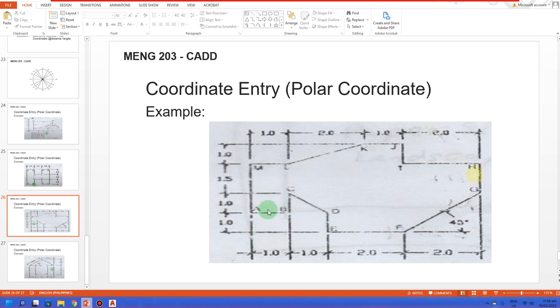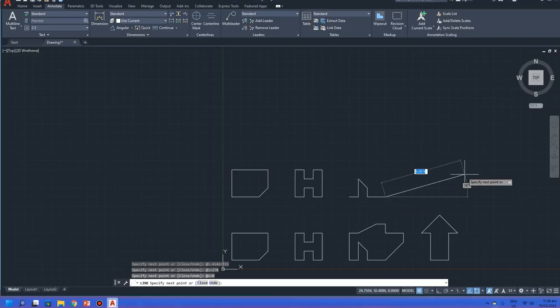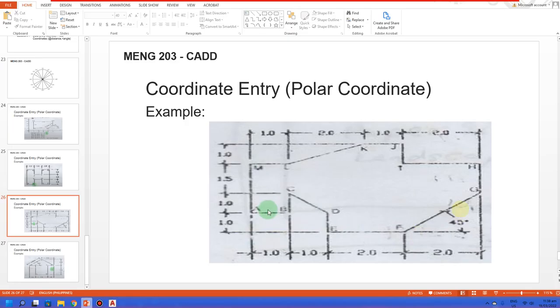The distance is not indicated again, so we have to do it manually.